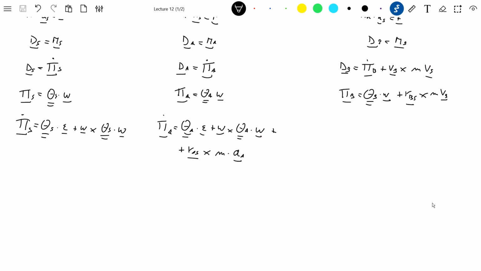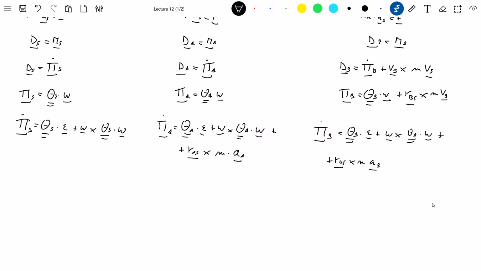And then here we have pi b dot is equal to theta b times epsilon plus omega cross product theta b times omega plus rbs cross product m times a b, and this is the same term that we have here.